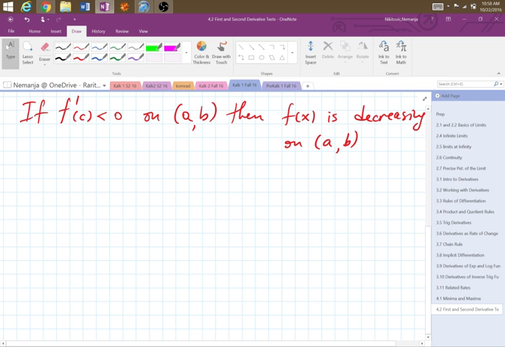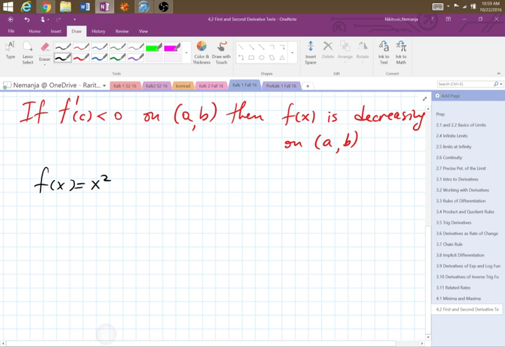So let's immediately use the first derivative test on the very familiar function, x squared. F of x equals x squared. So we are going to obviously pretend that we don't know how this function looks like, and we are going to compute everything about it.